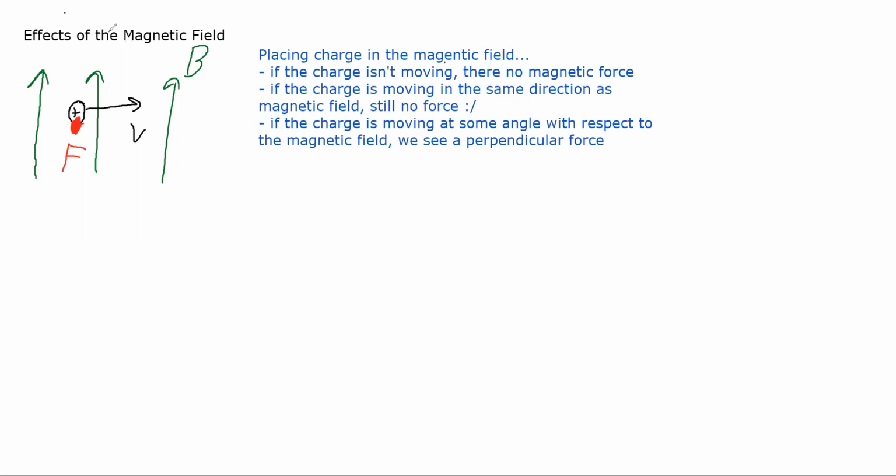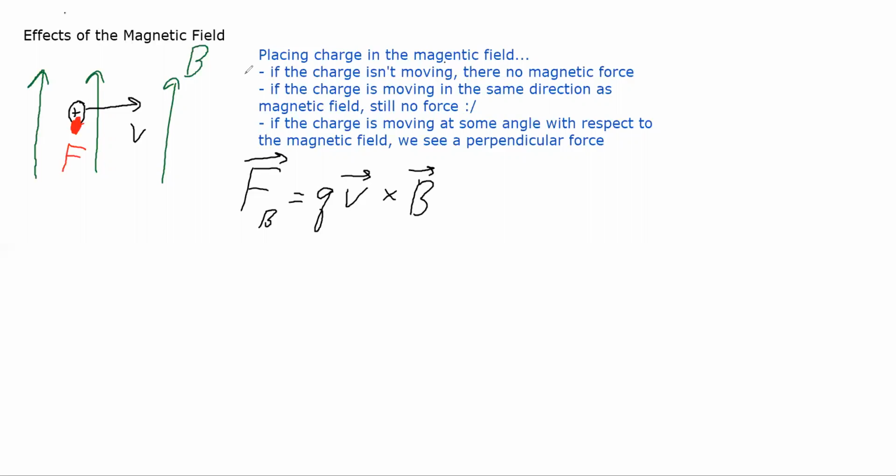And so the cross product comes into play again. So magnetic force, I'll put FB, equals your charge times its velocity, cross product with the magnetic field. Okay, so this is magnetic force.